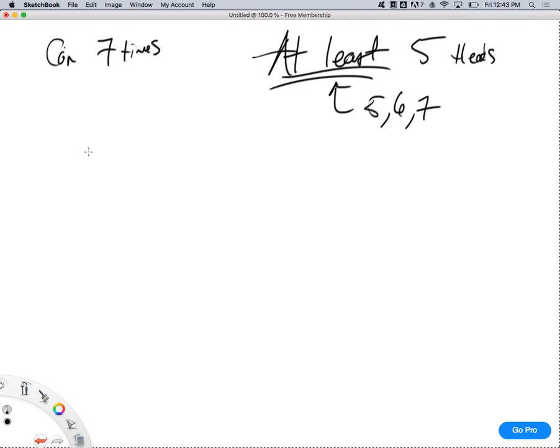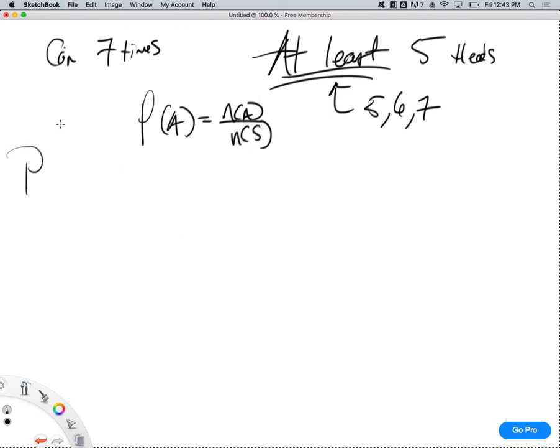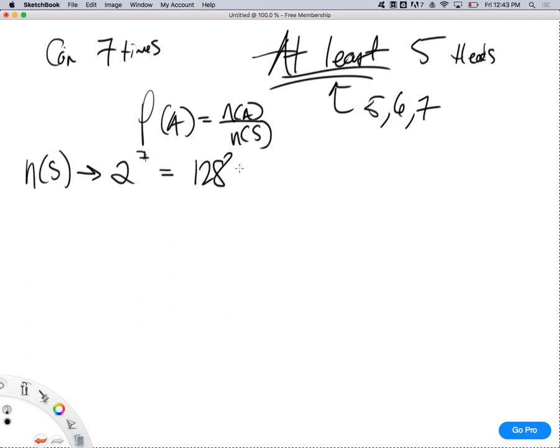So I start with N(S). So remember P(A) equals N(A) over N(S). N(S), I flip a coin 7 times, so it's 2 to the what class? 7. Very good. 2 to the 7 is 128. Good job. Appreciate it.